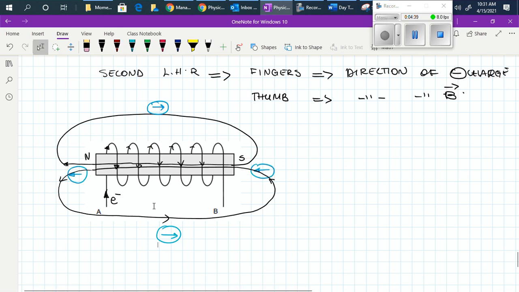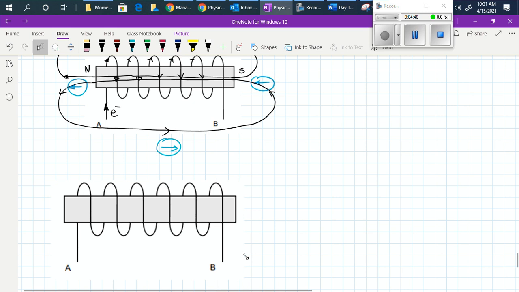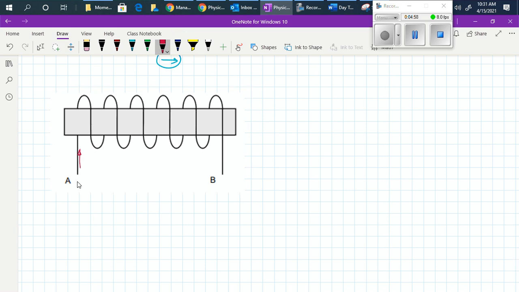Now if you have the direction of the intensity of the current, so let's suppose that we have a picture telling us that the conventional current is in this direction, this is the same as saying that the positive charge is moving in this direction.